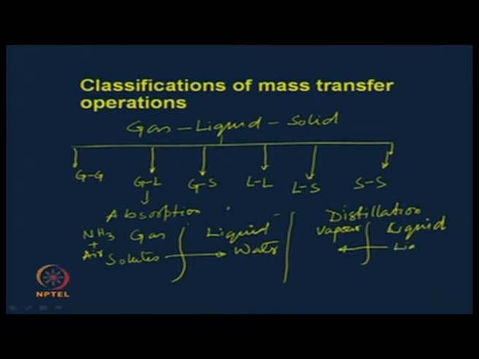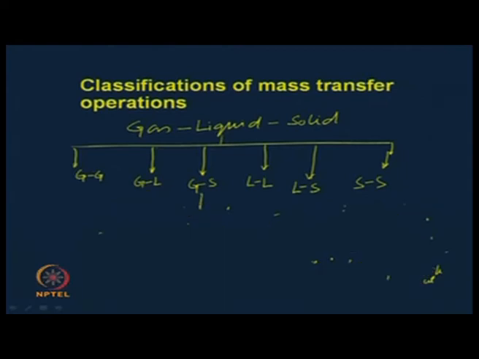So, light component or high volatile components will go to the vapor phase, and heavy or low volatile component will transfer to the liquid phase, and we will have a separation between the components.